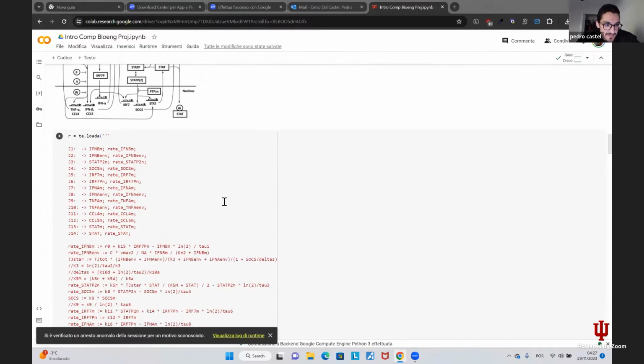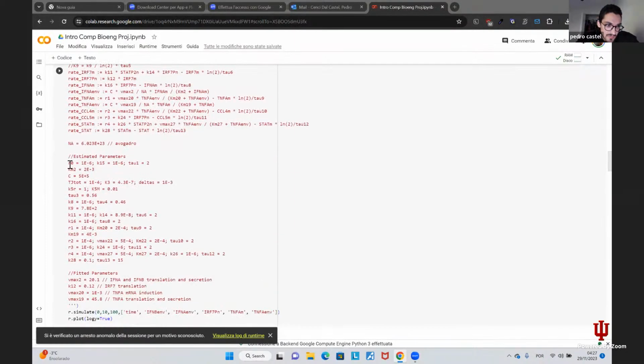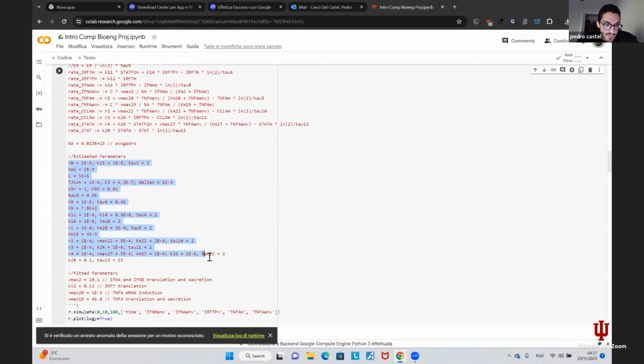Okay, so I implemented all the equations in Tellurium. I noticed some mistakes and I corrected them until I got the same number of reactions and parameters, double checked. Then I wrote all the parameters with the values from their table, and it runs.